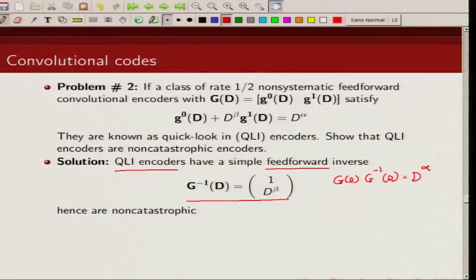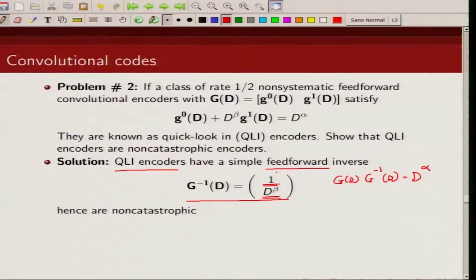Now, note that the encoder inverse of a quick look in encoder has just 2 taps, 1 and this d beta, and it has a feed forward inverse. So, this cannot be a catastrophic encoder.